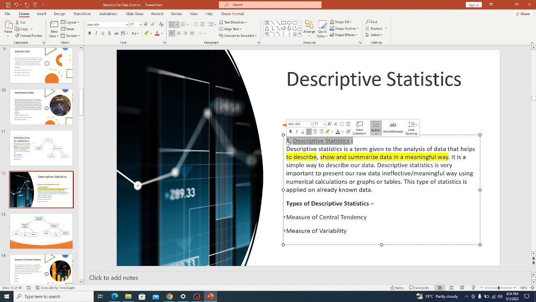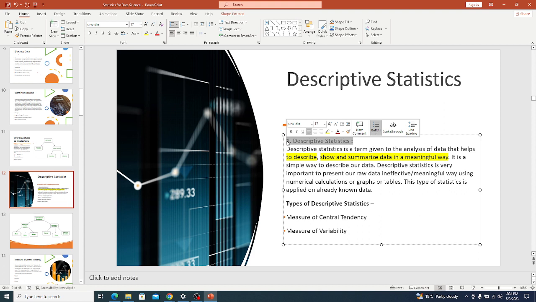Then we have the types of descriptive statistics. I gave three yesterday. I can only see two here, but I will add the third. The first is the measure of central tendency. The second is the measure of variability.